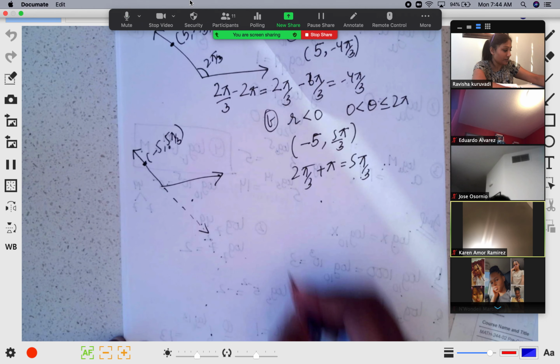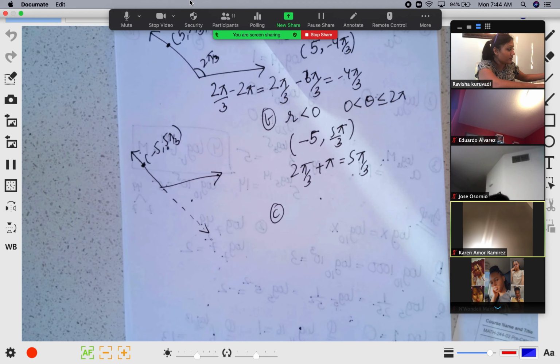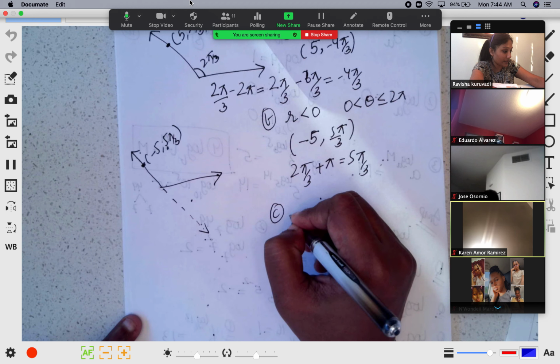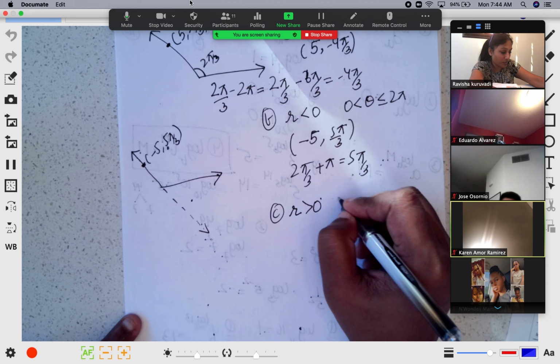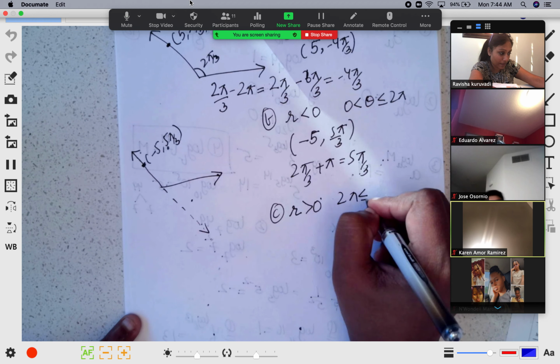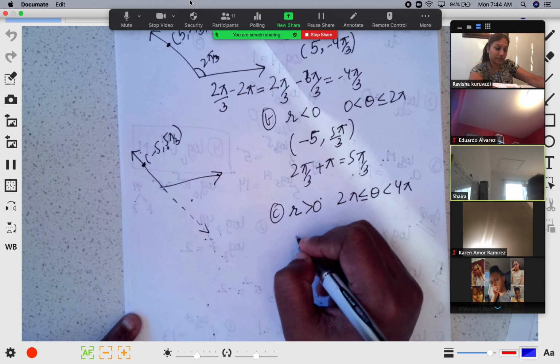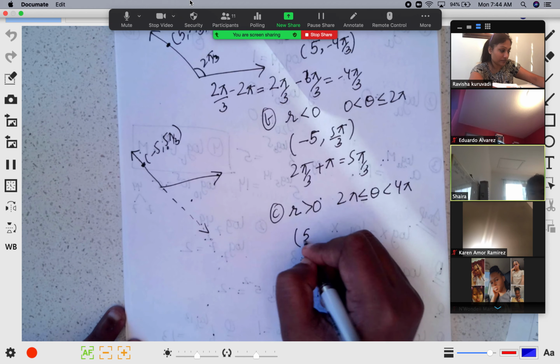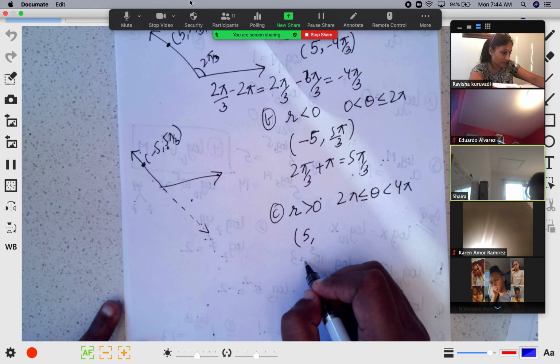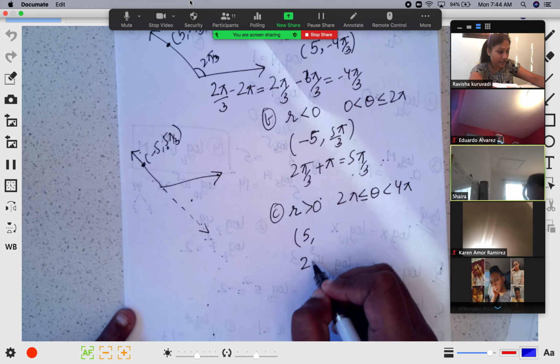C part here. Shaira? Now they want R greater than 0, but the angle between 2 pi and 4 pi. So what's my coordinate? R is 5, and we add 2 pi to 2 pi over 3.